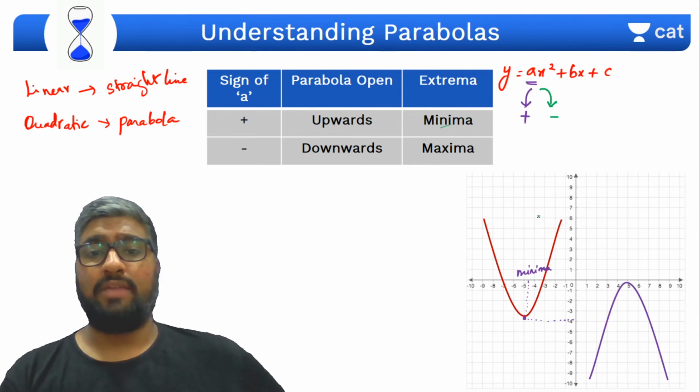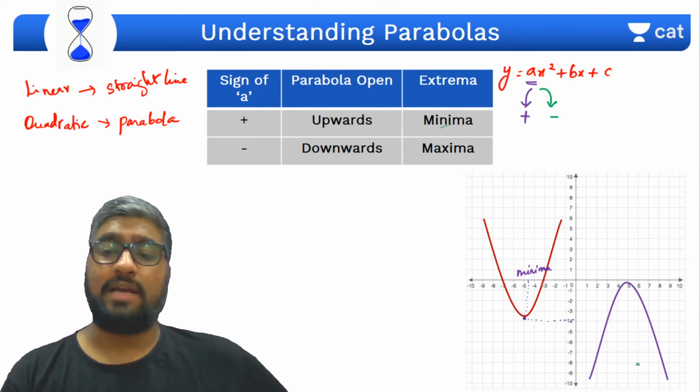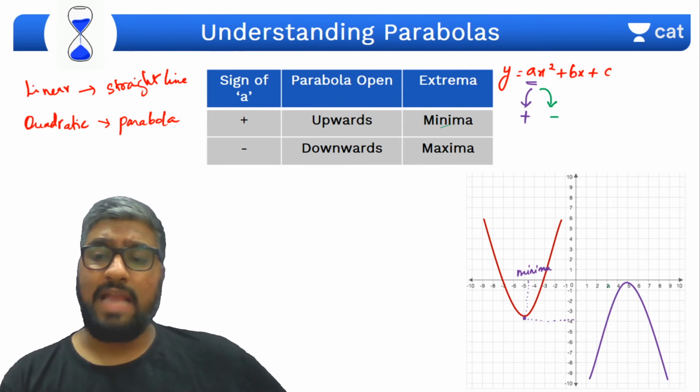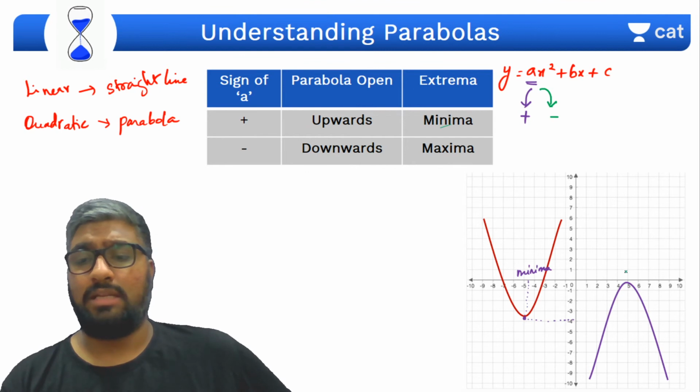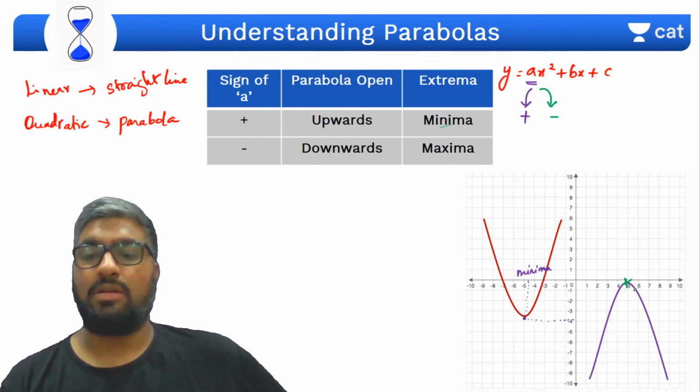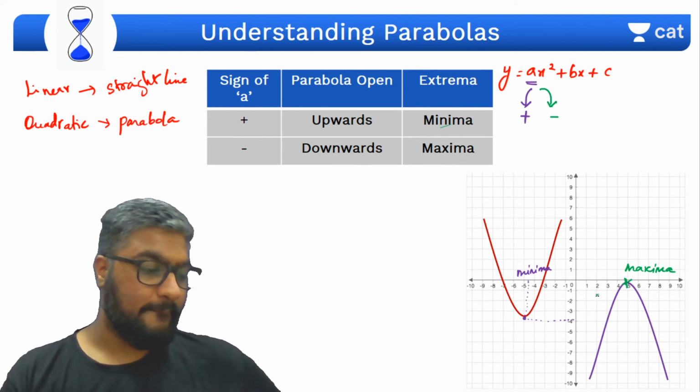So if it is open downwards, then you understand that it will have a maximum value, right? The maximum it can go up to is what we would know, but we would not know the minimum value because it can keep going till negative infinity. So this particular point would be identified as the maximum value. Clear?